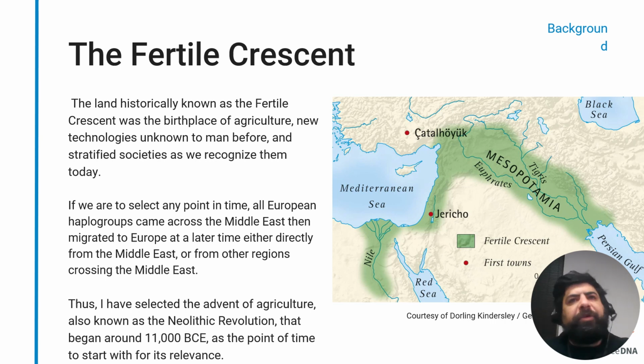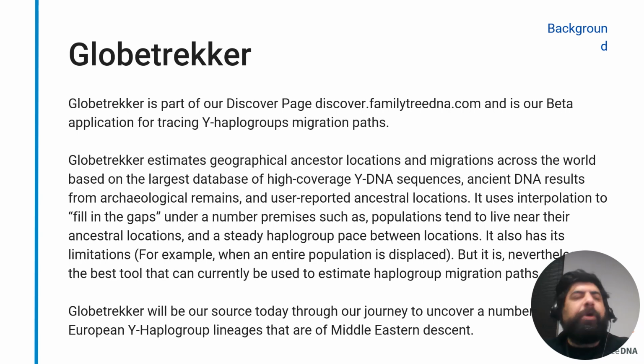The Fertile Crescent encompasses today's Iraq, Anatolia, the Levant, and the Lower Nile Valley. This area is very well known for the beginning of agriculture around 11,000 before the Common Era, and most of these haplogroups are related to the diffusion of agriculture from the Fertile Crescent.